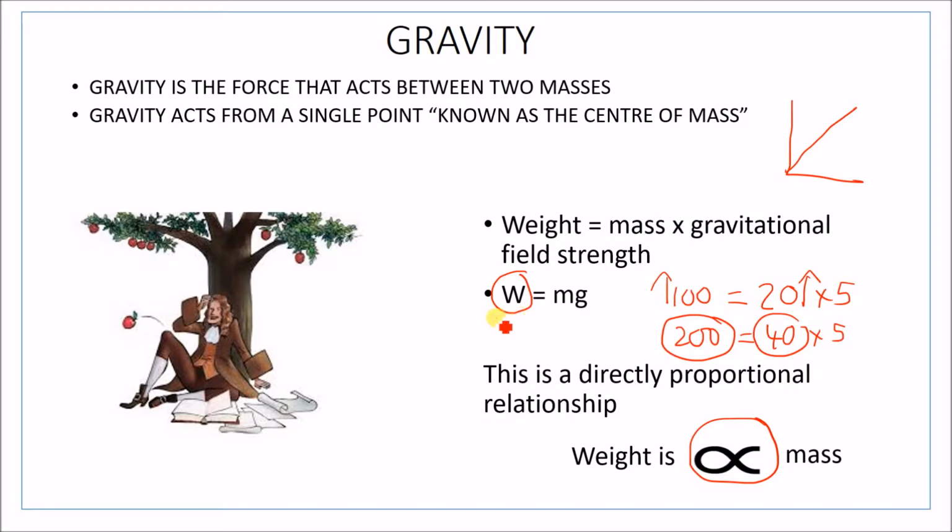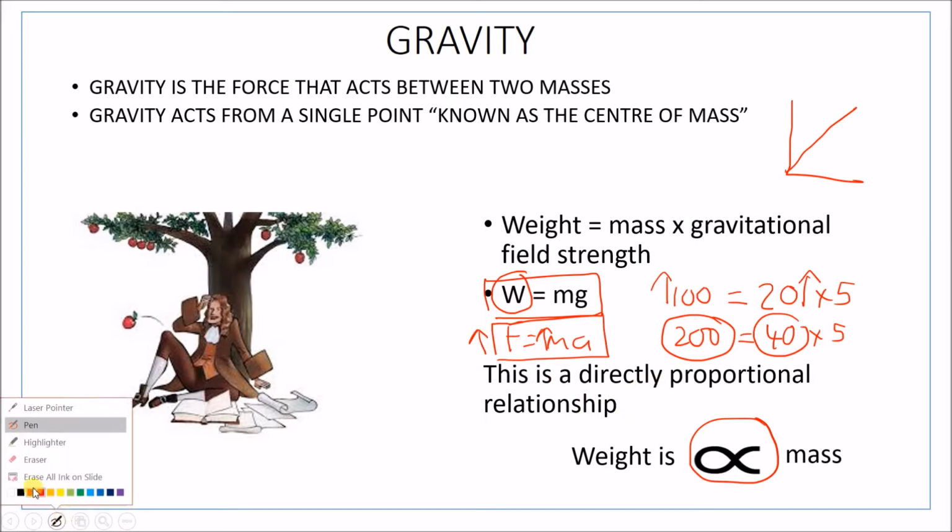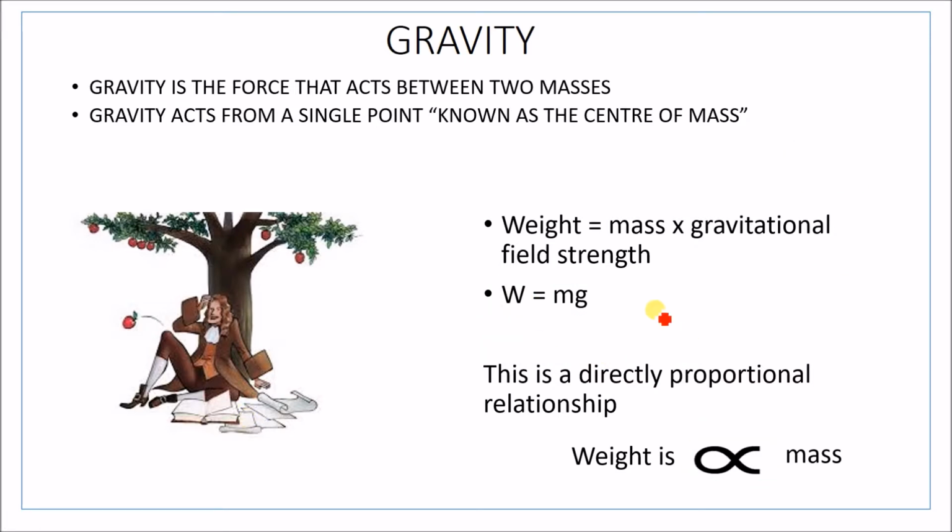So any calculation that is weight is equal to m times g, or that F is equal to m times a, any relationship like this is a directly proportional relationship, because increasing one of them will increase the other one. That's what directly proportional means. So make sure you're aware of that for your exam, because this is the type of mathematical question they might throw in to try and make sure you understand what that actually means.